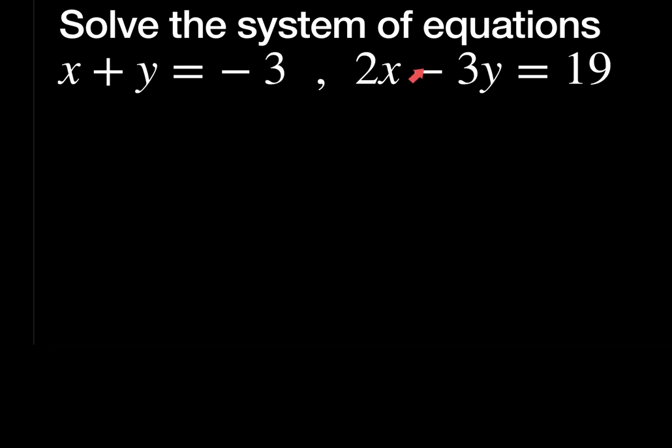And the answer is, just looking at it, the answer is no. Because if I add x and 2x, they don't disappear. If I add y and negative 3y, they don't disappear.